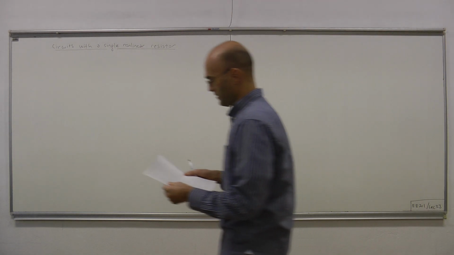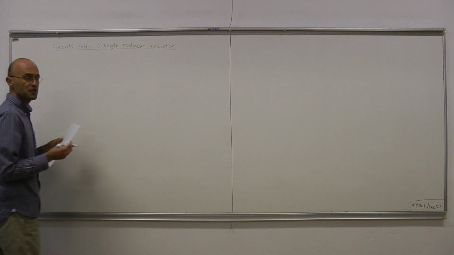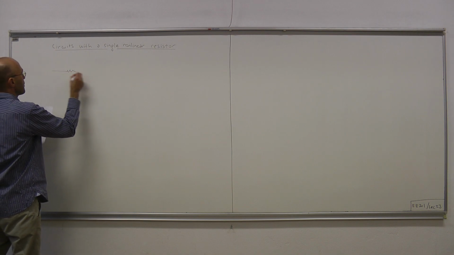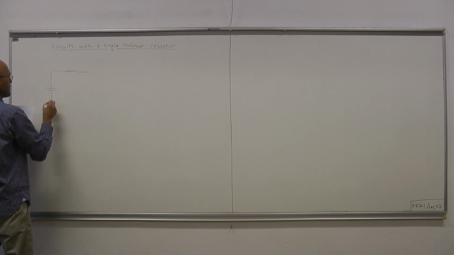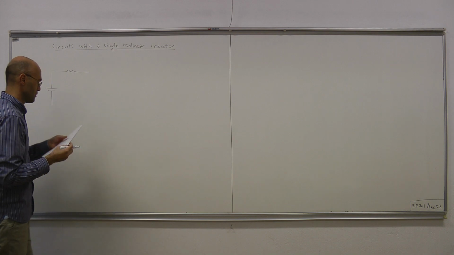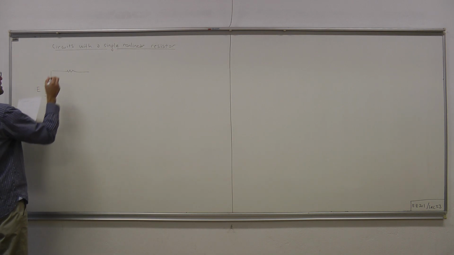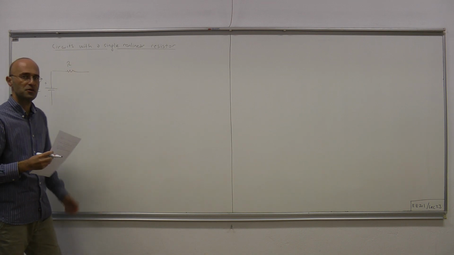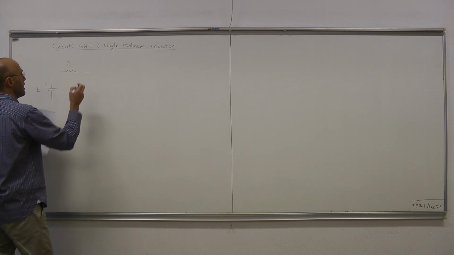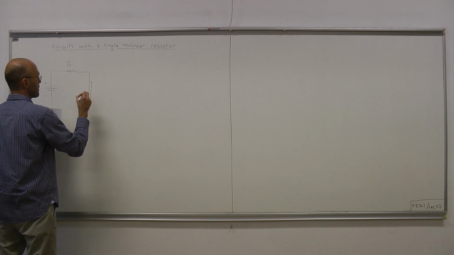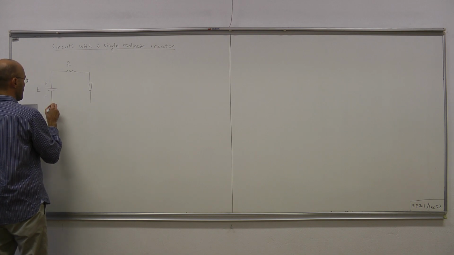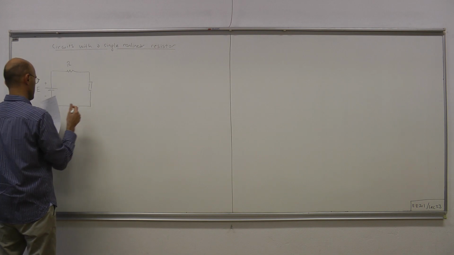Consider the following scenario, where we have a constant voltage source providing voltage E. We have an LTI resistor with resistance R, and here we have a nonlinear component, a nonlinear resistor.